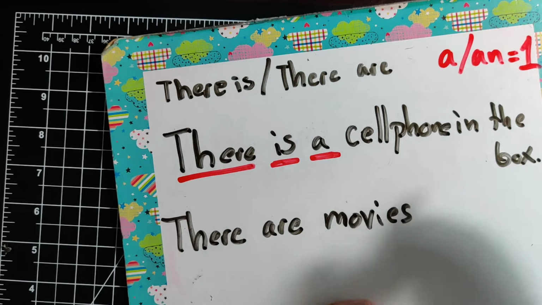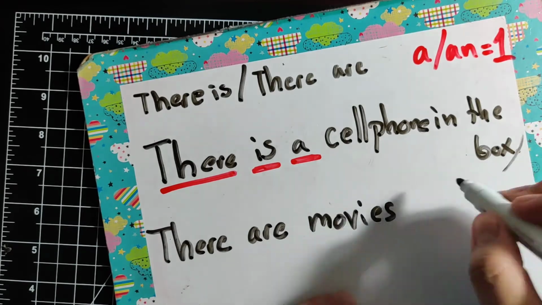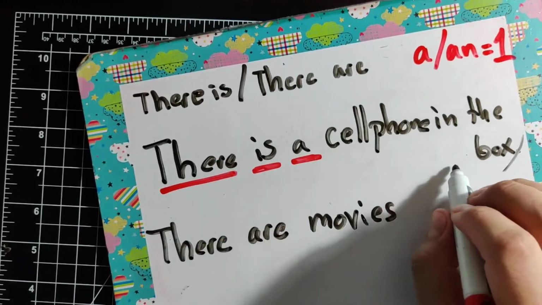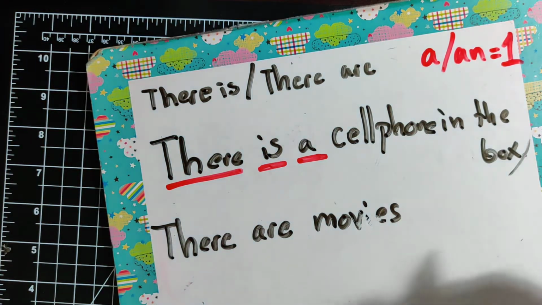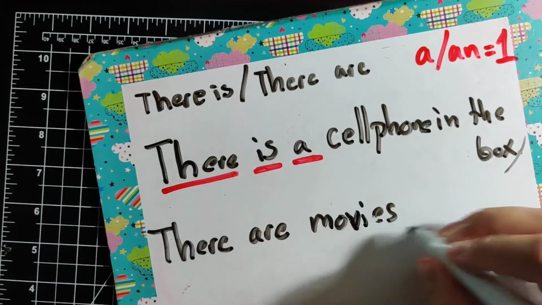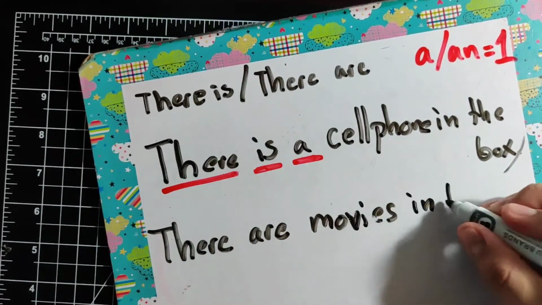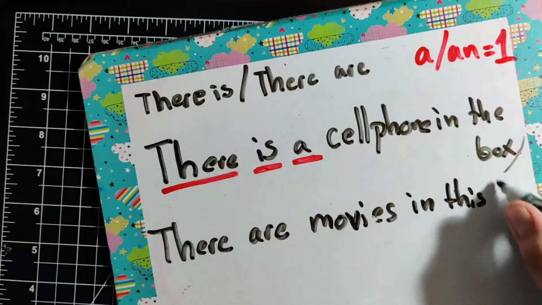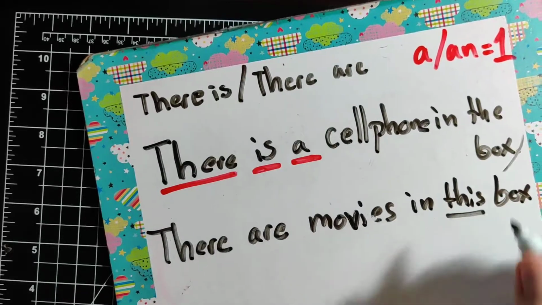And let's put in the box. You know we're talking about the box, right? You know we're talking about this box right here. Now, this box, so we're going to say there are movies in this box. Notice how we're still using this?